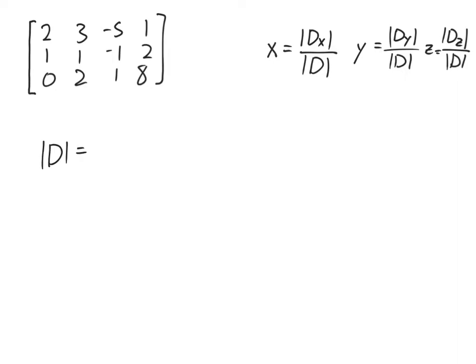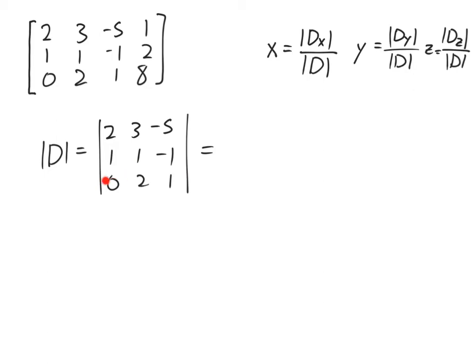Now this is going to be the determinant of just my variables and not my constants. So this is going to be the determinant of 2, 3, negative 5; 1, 1, negative 1; 0, 2, 1. So that's what it's going to be. Now, in order to find the determinant of this, I can use any row or any column.